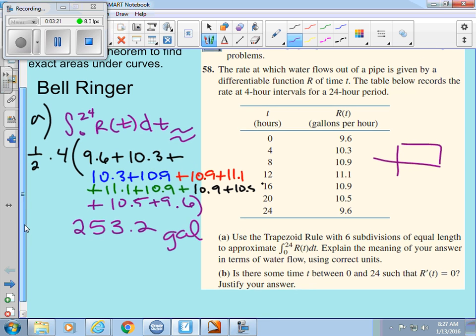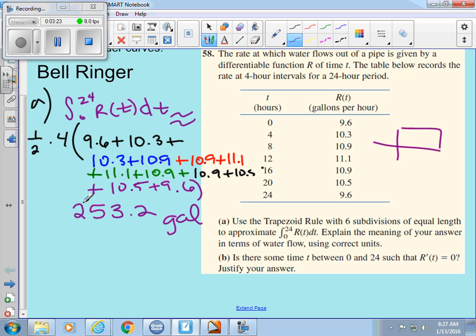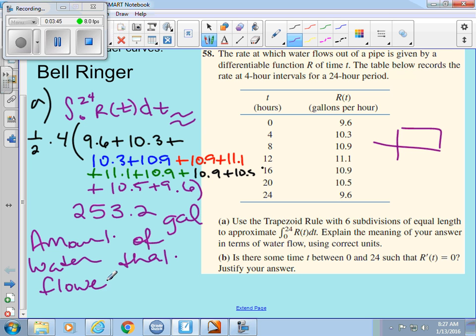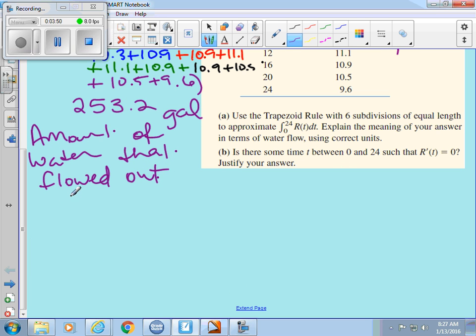So what do you think that means in terms of water flowing out of the pipe? What is that? The amount of water that flowed out of the pipe when?